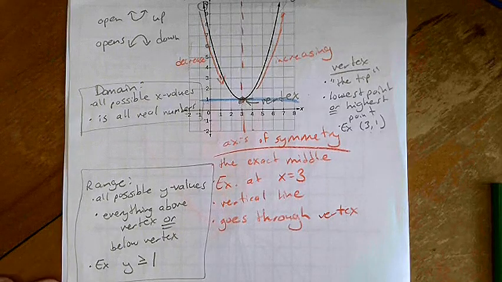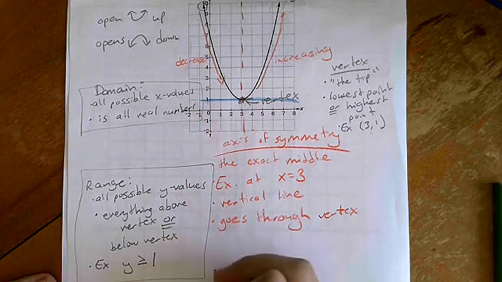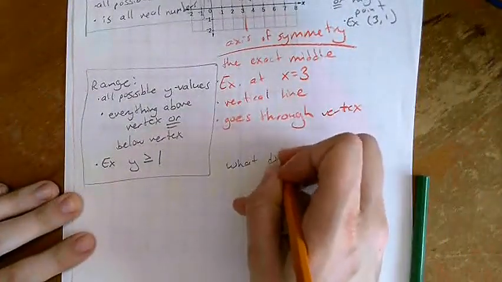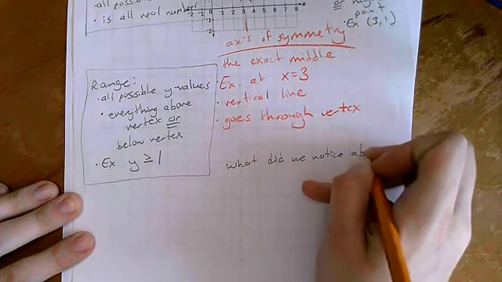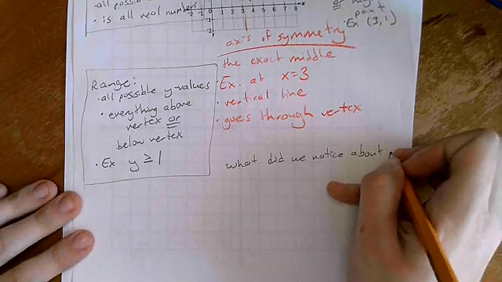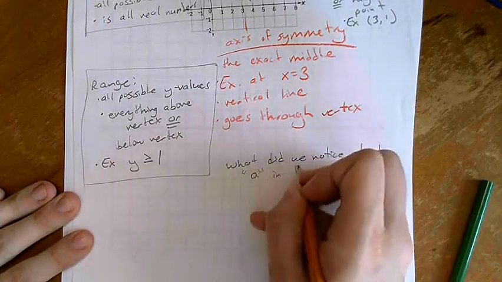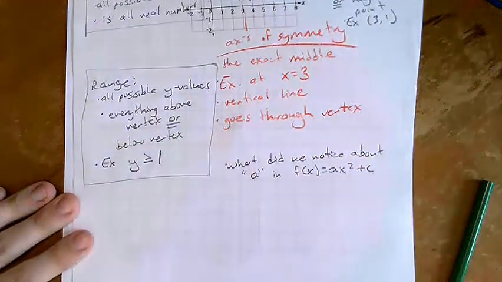Let's summarize what those are just a little bit. So the question is, I'm going to slide this up, what did we notice about a in f(x) = ax² + c? What did we notice?